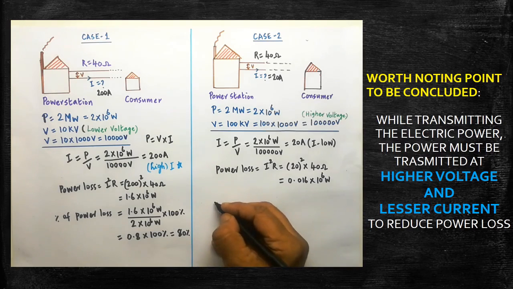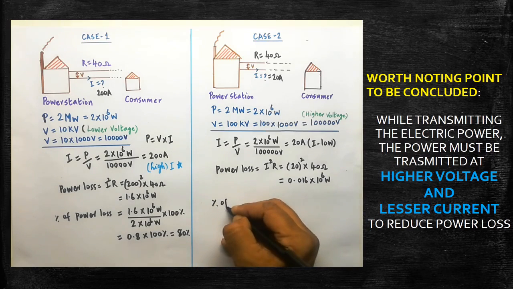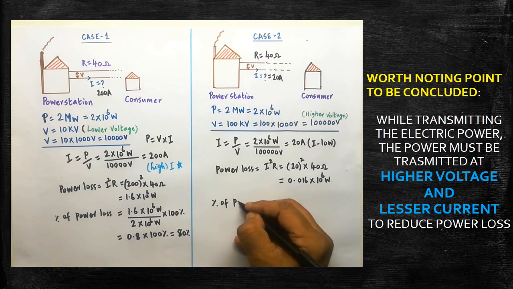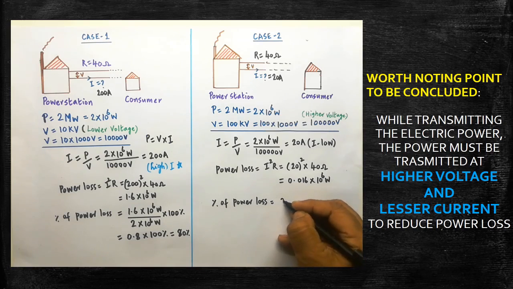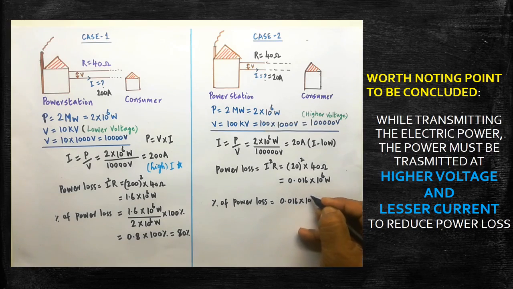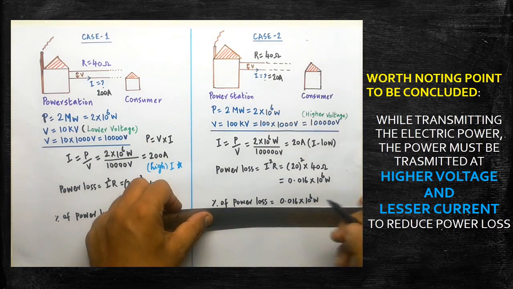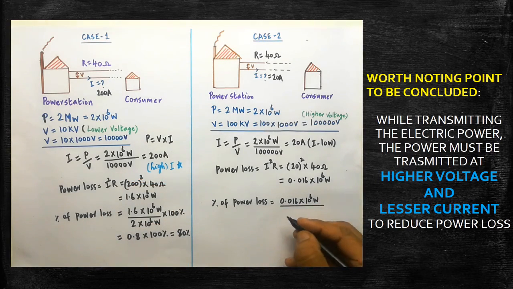How will you calculate the percentage of power loss? Same formula. The power lost in the wire must be written, and the power you have sent from the power station must be written in the denominator. How much power are you transmitting from the power station? 2 megawatt.